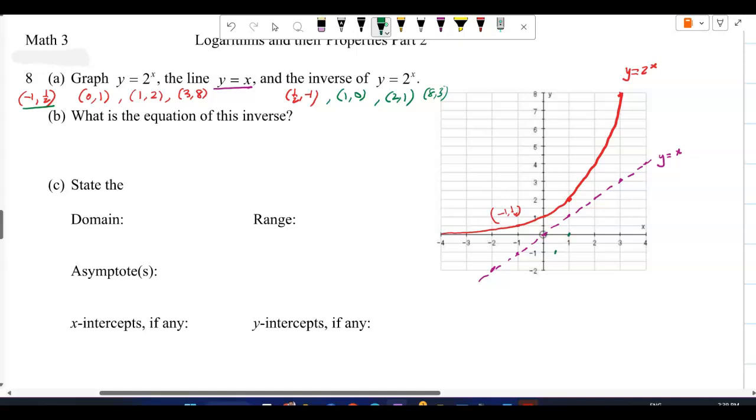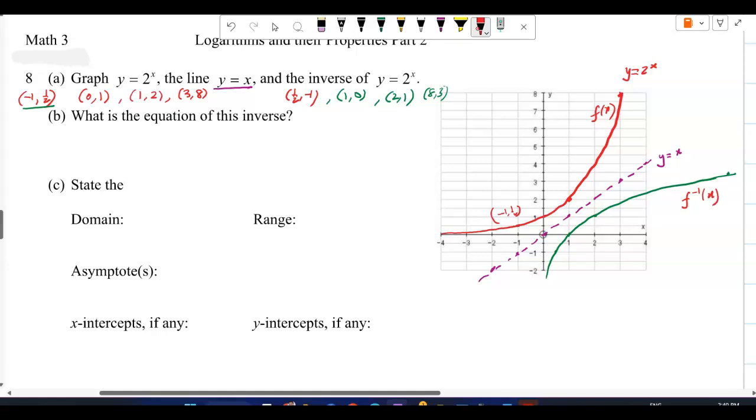Then 2, 1. Then 8, 3. So 8, 3 would go somewhere here, very far off. So this will come like this. If this is my function, this is the inverse of that function.